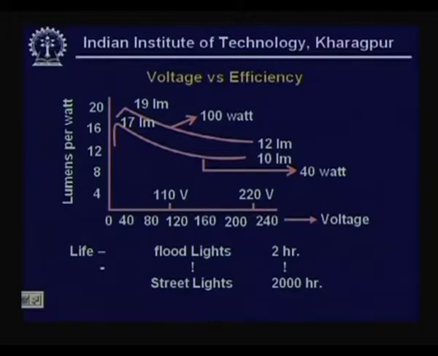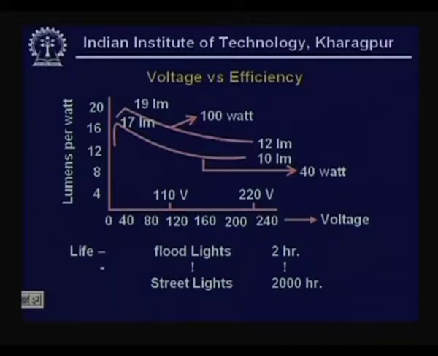The issue to be noted, no doubt, there are two curves here, one for a 40 watt lamp, the other for a 100 watt lamp, and each of these lamps has a peak close to 40 to 50 volts, at 17 lumens for the 40 watt lamp and 19 lumens for the 100 watt lamp.